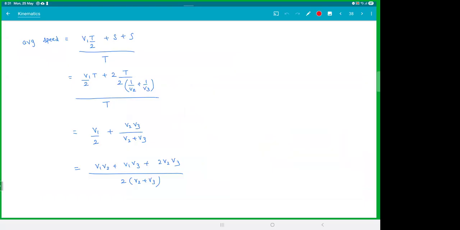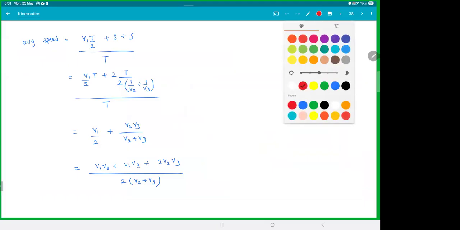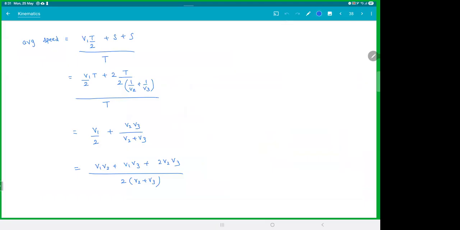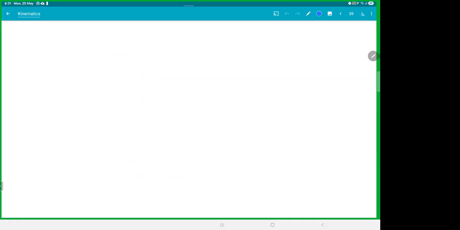Great. So the last thing that we did was average velocity and average speed. Hope everyone has gone through the notes. Others, do keep your cams on. The next thing, average acceleration.